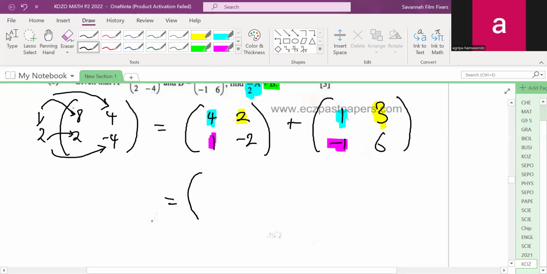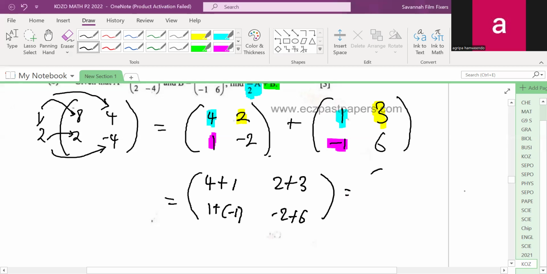So this 4 will add with this one because they are corresponding. This 2 will add with 3. This 1 plus -1, and this -2 plus 6. So everything that corresponds, you add. You've seen, right? Yes. Okay, great.